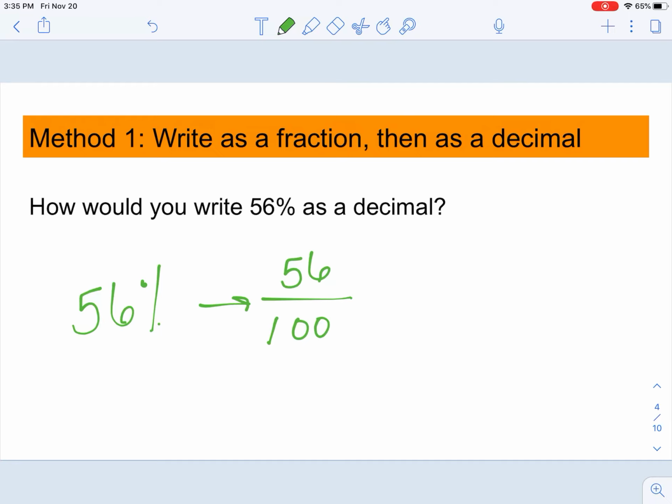Remember, percents are always out of 100. And from that fraction, I can turn it into a decimal. It has 100 on the bottom, so I know it has to end in the hundredths place, and it's 56 hundredths. So this is a method that always works. You can always turn it into a fraction and then turn it into a decimal.